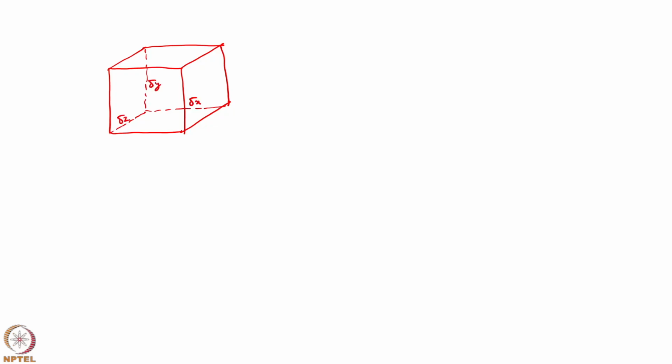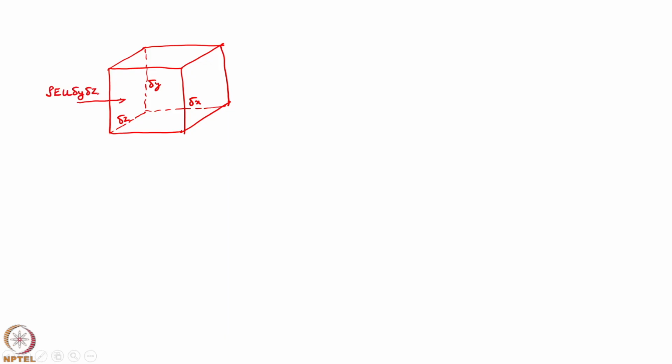So, I take the control volume, a simple parallelepiped, and you put that here. So, you have delta x, delta y, delta z. What is entering is rho E, it is entering with a velocity u, through delta y delta z.